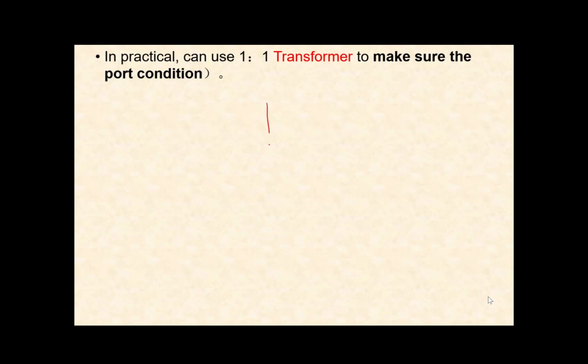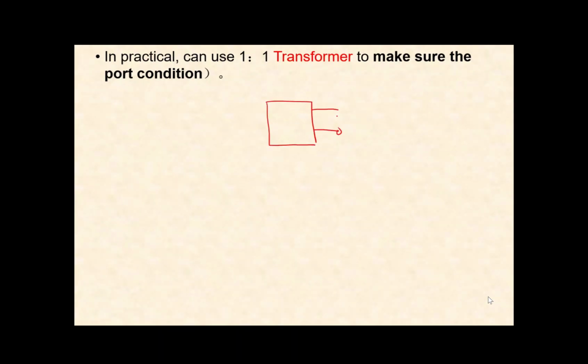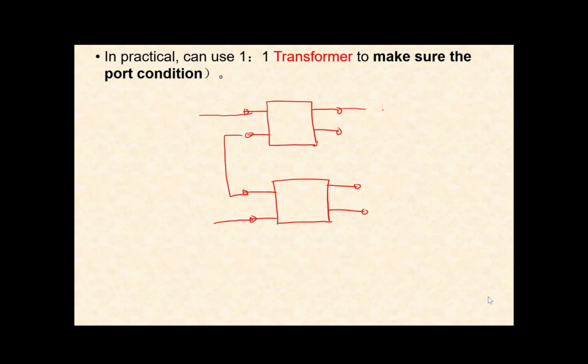For example, in the sinusoidal signal, if we serial connect them together, sometimes the port condition will be violated.